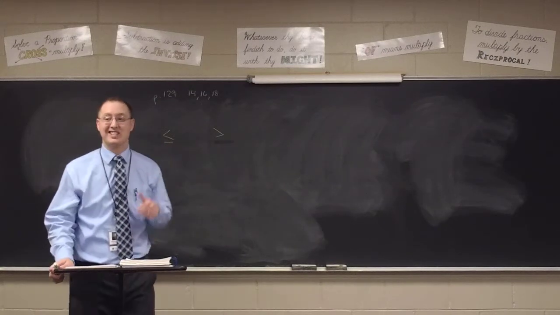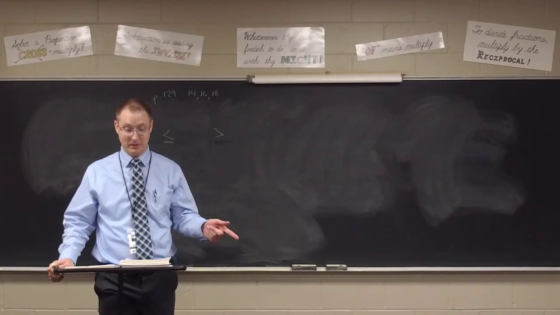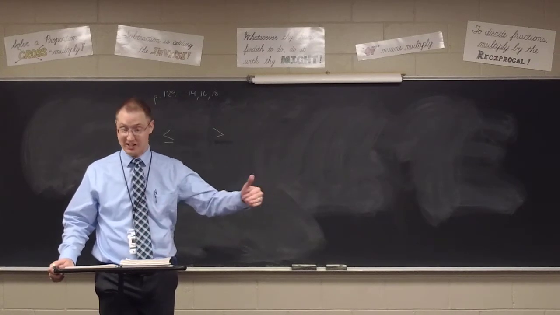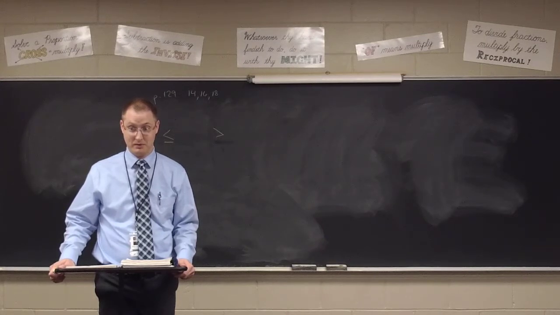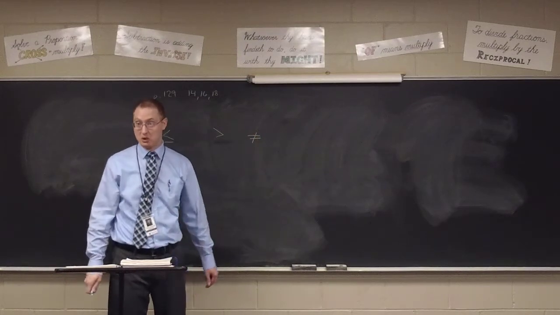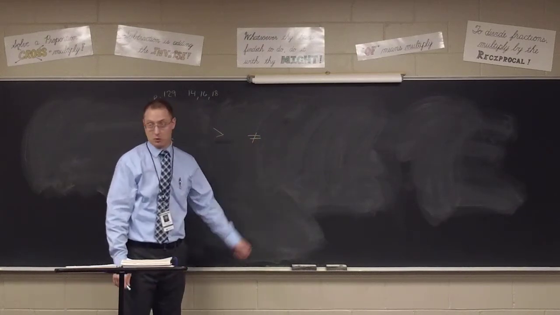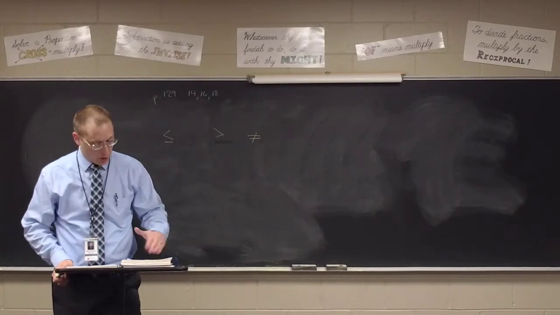What if it says is not? That's not on the chart. What if it said is not? Well, is means equals, so is not would mean not equals. Make sense? All right, so anyway, take a look at the example problems.